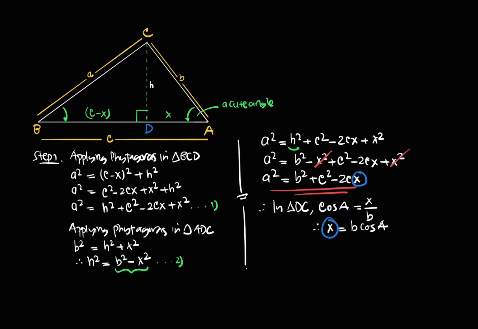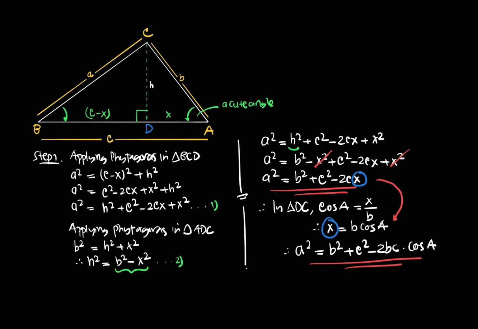Then it is going to be a squared equals b squared plus c squared minus 2bc cos alpha. That's how we can find this formula of the cosine rule.